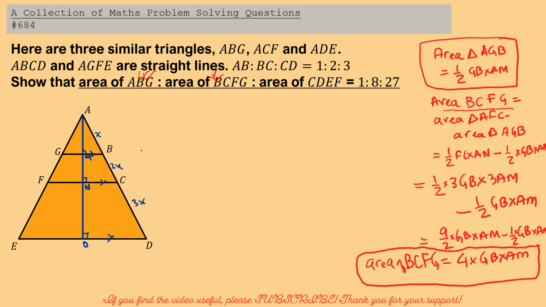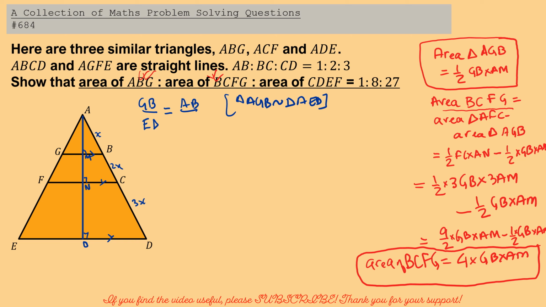So I can now say, in a similar way that GB out of ED equals GB is AB out of AD, because triangle AGB is similar to triangle AED or ADE.